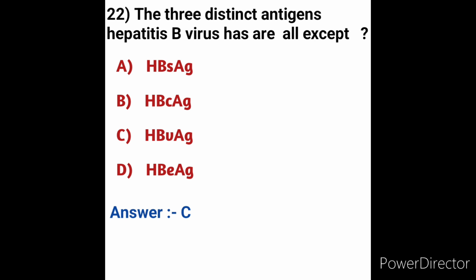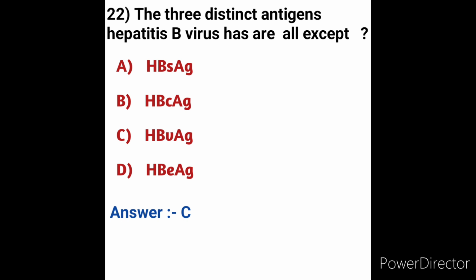The three distinct antigens hepatitis B virus has are all of the following except. Options: option A HBsAg, option B HBcAg, option C HBvAg, and option D HBeAg.